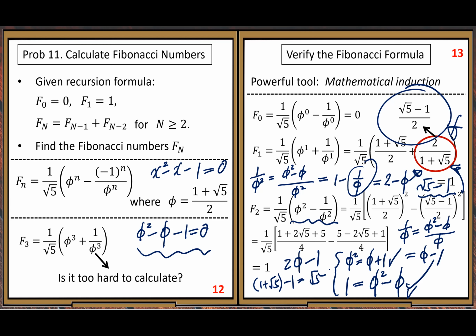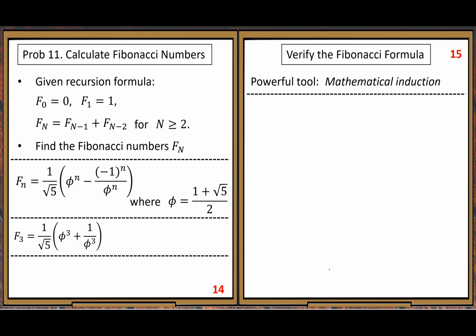All right. Next, let us work on our last example, F3. First, we feel the degree is too high, and we don't want to calculate golden ratio cube. That's too complicated, we feel. So we want to bring down the exponent from 3 to a lower degree. That's our goal, but we have properties.